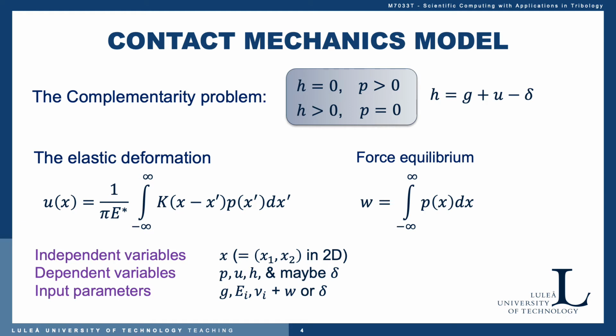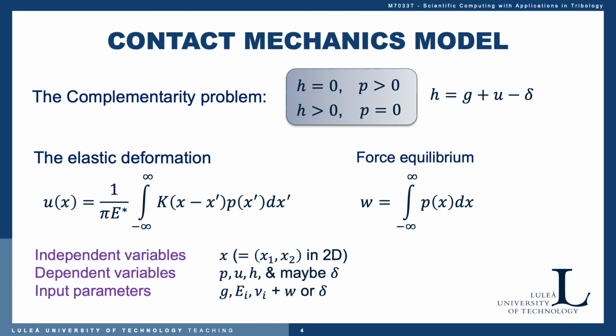And the elastic deformation equation is given by Boussinesq's solution because of the normal traction consideration of the boundary condition on the half space. And then we have the force equilibrium, which just states that the pressure that builds up, the resulting pressure in the contact zone, must balance the applied load.